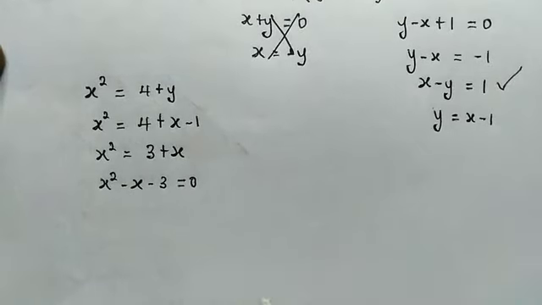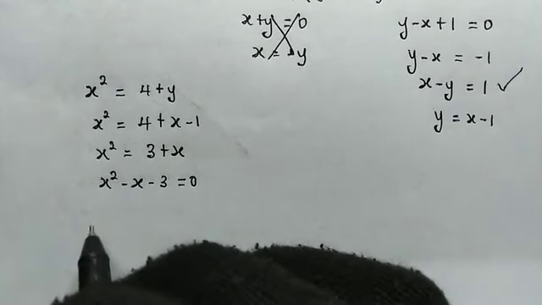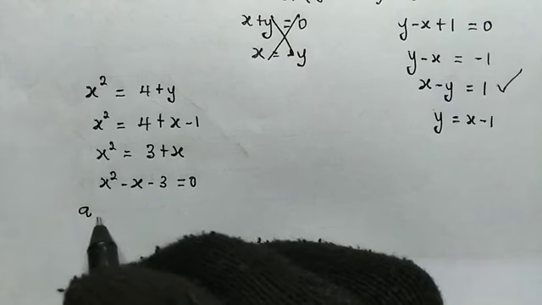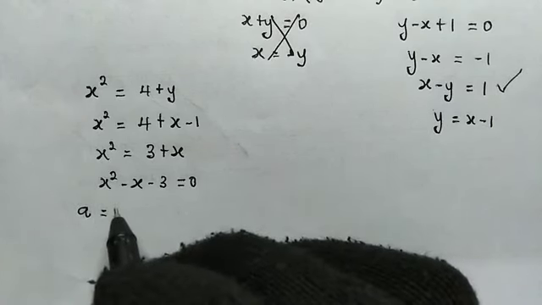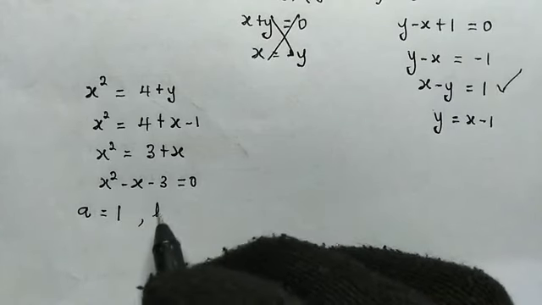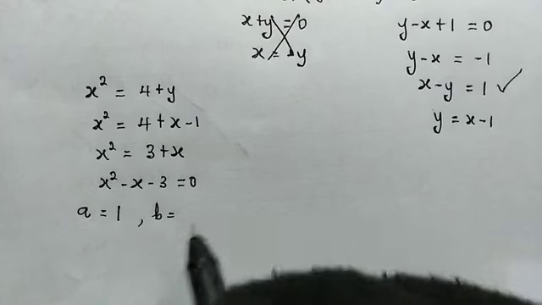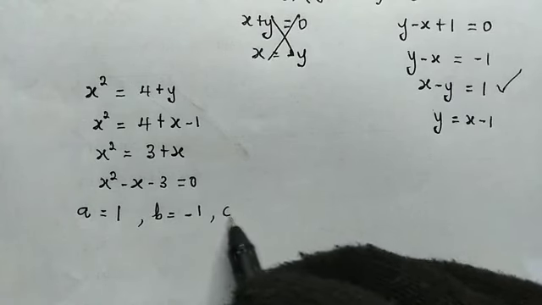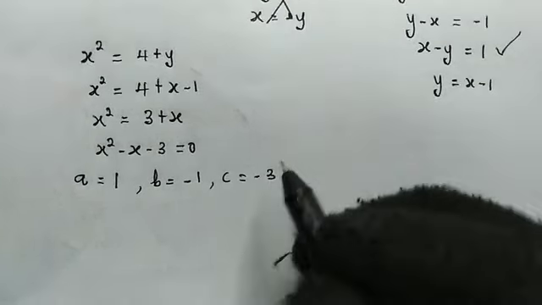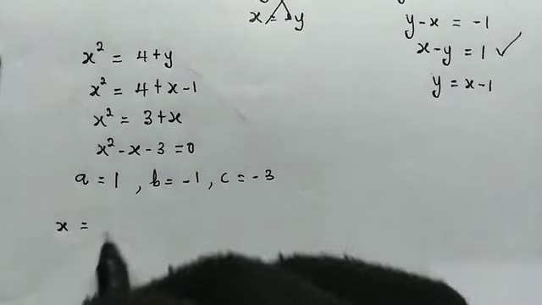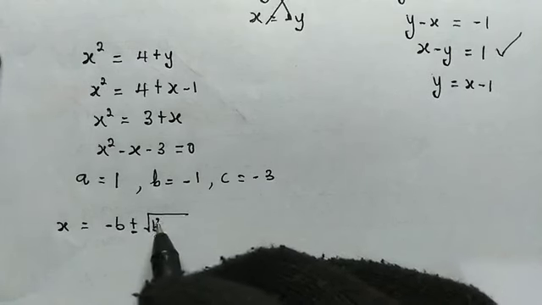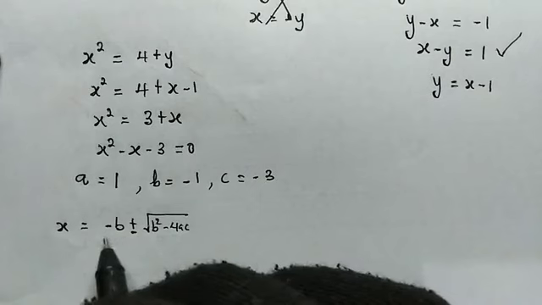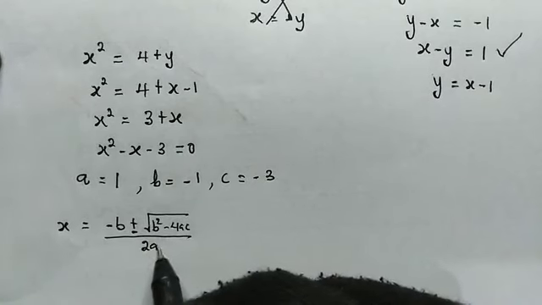So here we're going to use the general quadratic formula. So remember that here a will be equal to the coefficient of the leading term, which is x squared, and that is 1. And b will be the coefficient of x here, which is negative 1. And c, our constant here, is negative 3. So here x is going to be equal to negative b plus or minus square root of b squared minus 4ac, divided by 2a.